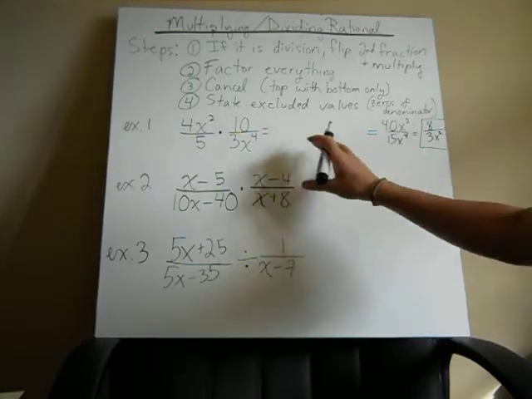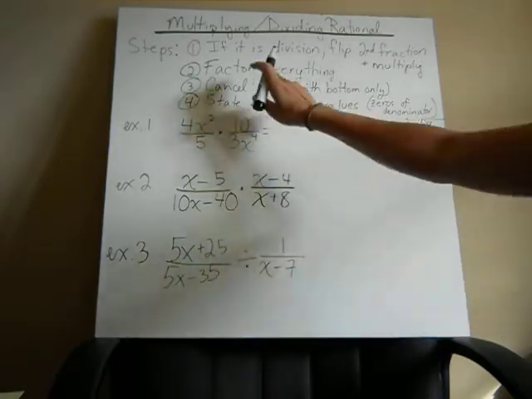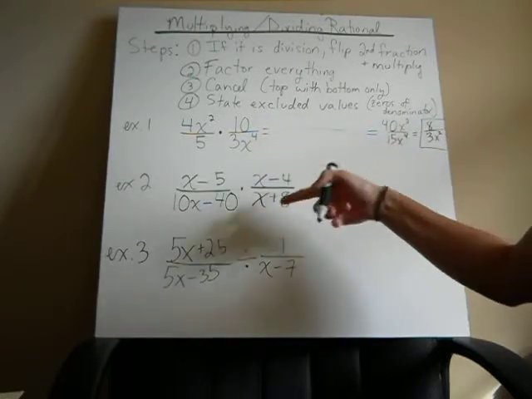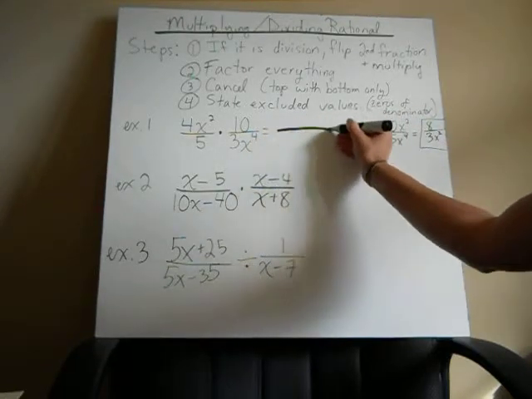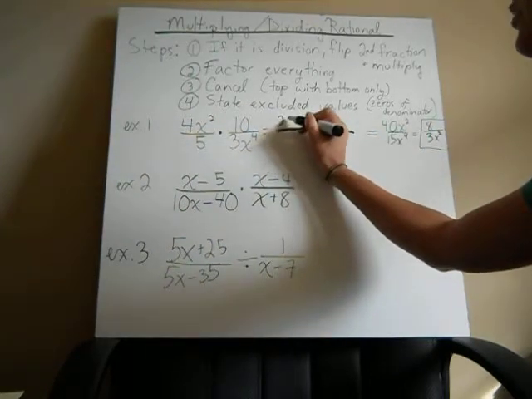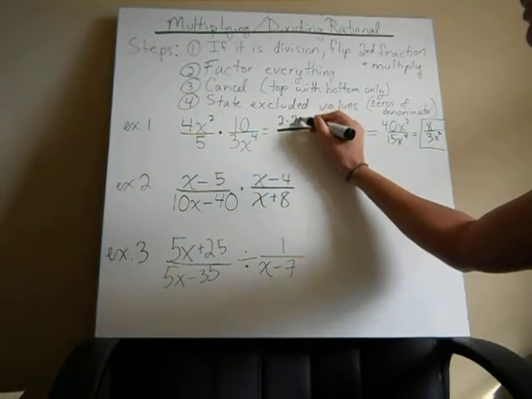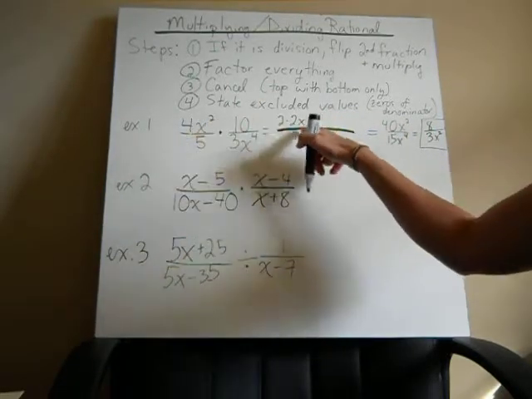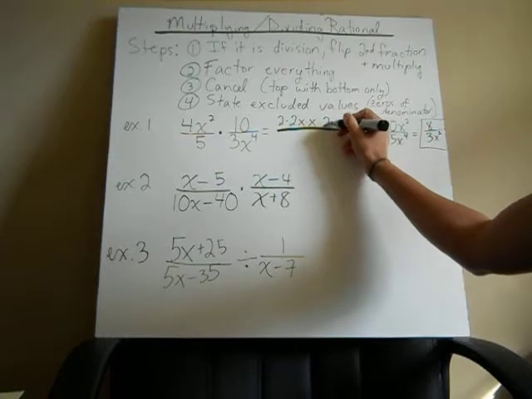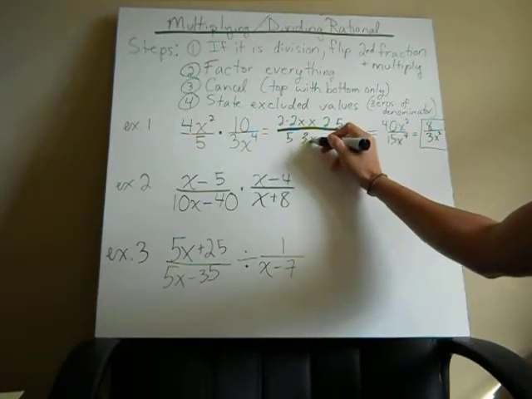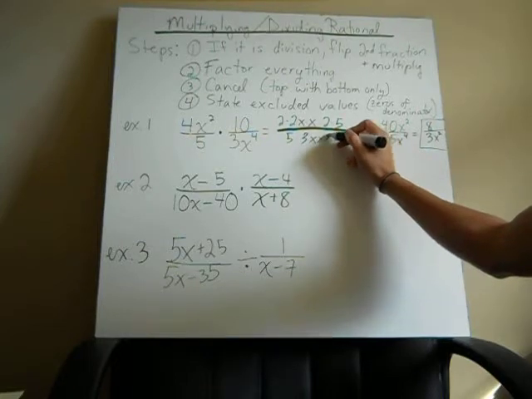Now, in order to understand what we're going to be doing, because it says factor everything. Well, what's really going on in these bigger problems is you're going to break things down. Now, if you broke this down by like number tree, that's 2 times 2, xx, because 4 is 2 times 2, x squared is xx, 10 is 2 times 5, in the bottom we have a 5, we have a 3, and 4 x's.